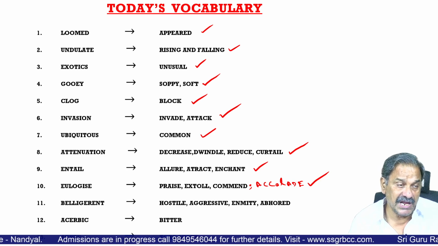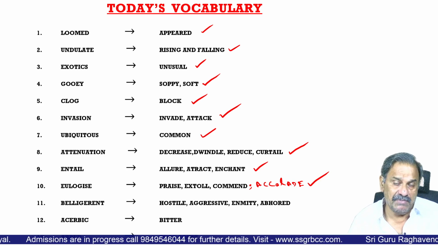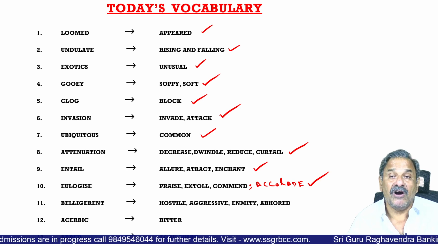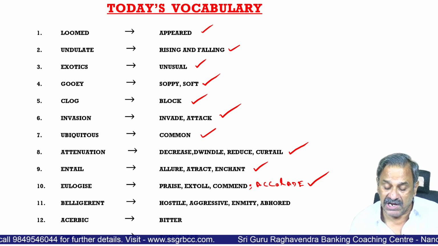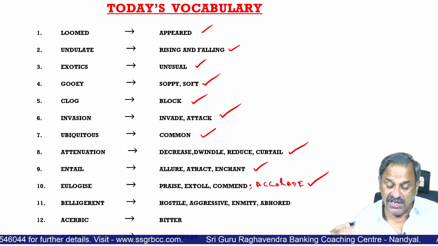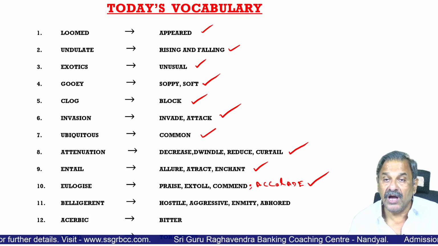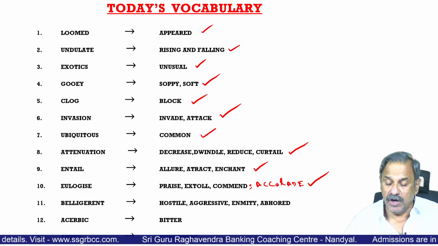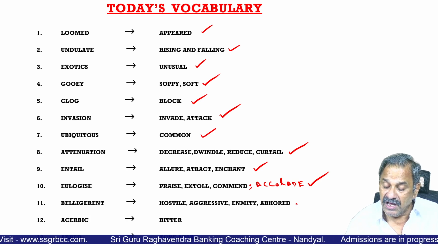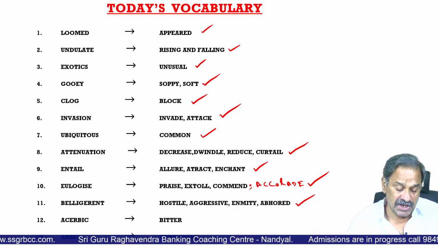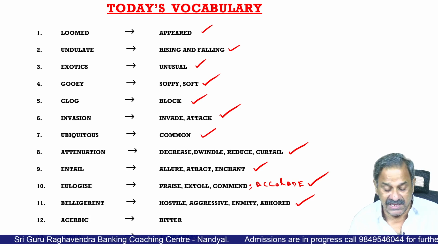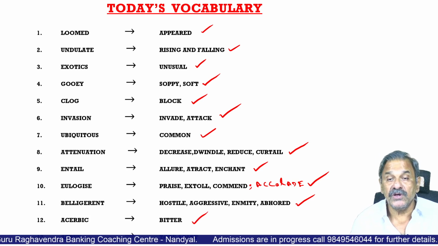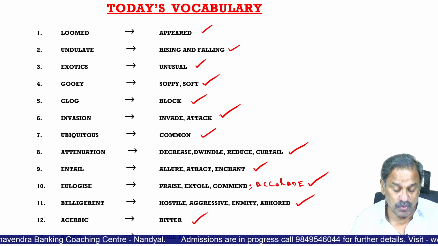Belligerent means hostile, enmity E-N-M-I-T-Y, aggressive A-G-G-R-E-S-S-I-V-E, abhorred A-B-H-O-R-E-D, అంటే శత్రుత్వము, ఇష్టము లేని. Then acerbic means bitter, చేదు.